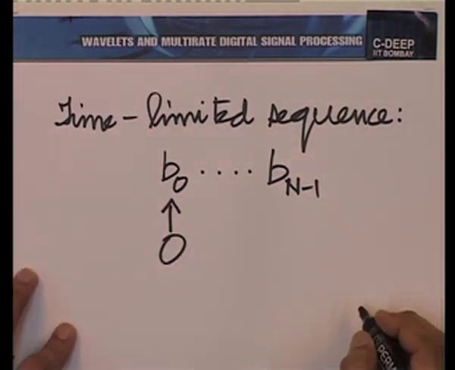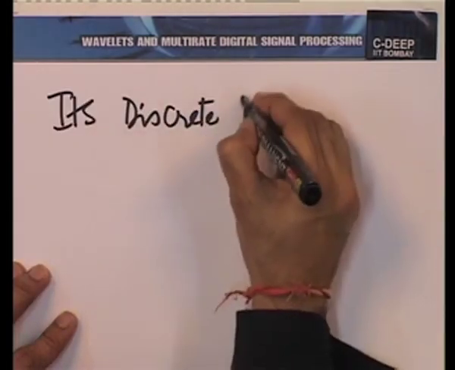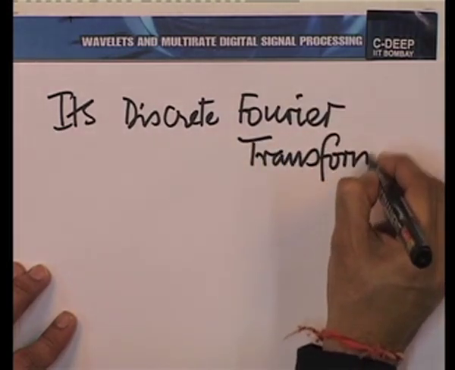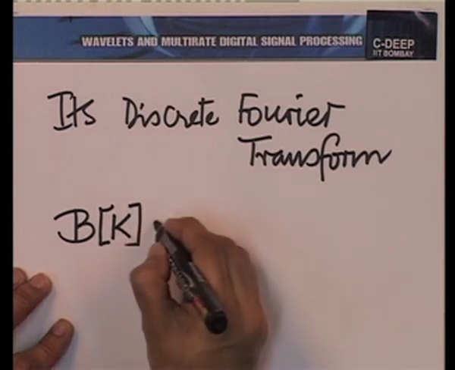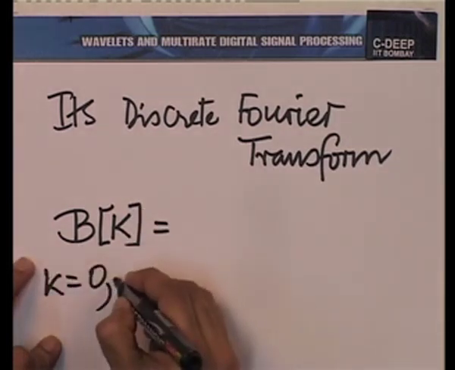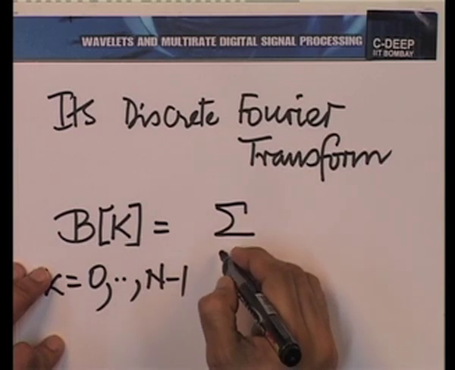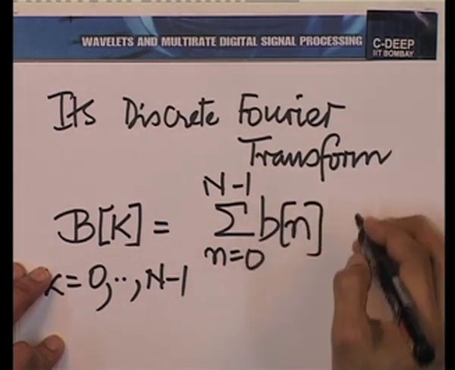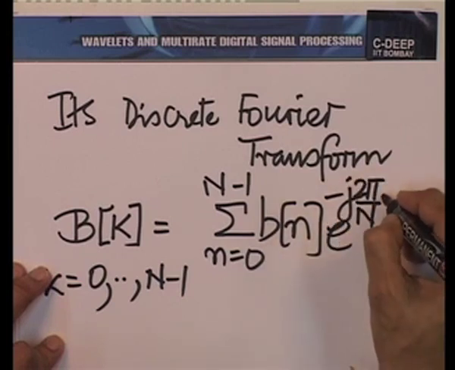If this is the time limited sequence of capital N samples, its discrete Fourier transform is essentially capital B of k, of course, k also running from 0 to capital N minus 1, with capital B of k defined by summation n going from 0 to capital N minus 1, B n e raised to the power minus j 2 pi by N times n k.